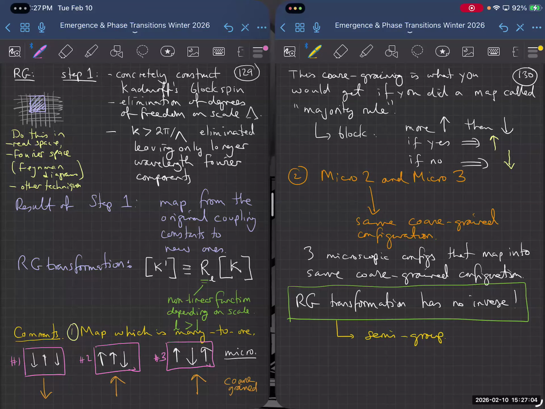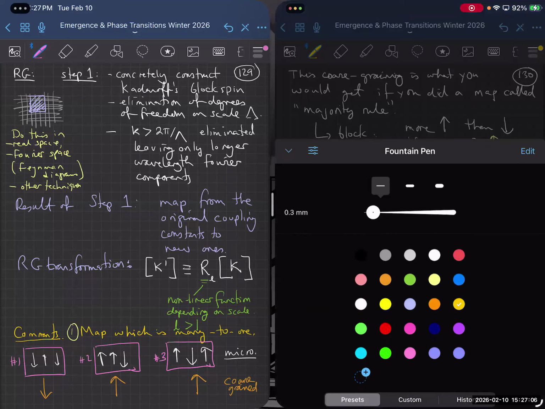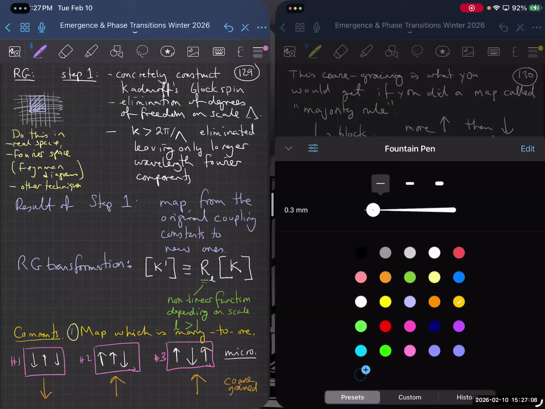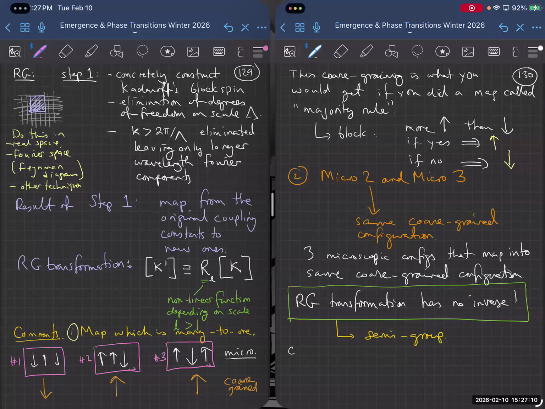So now I want to ask the question, why do we call it a group? Let's ask what happens when we do repeated application of coarse graining.